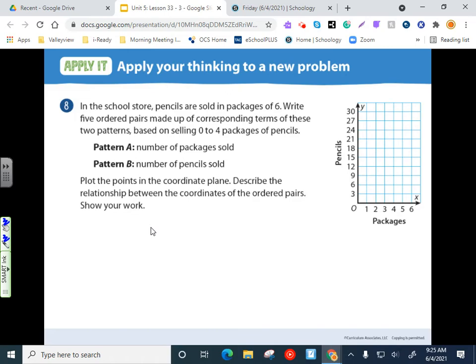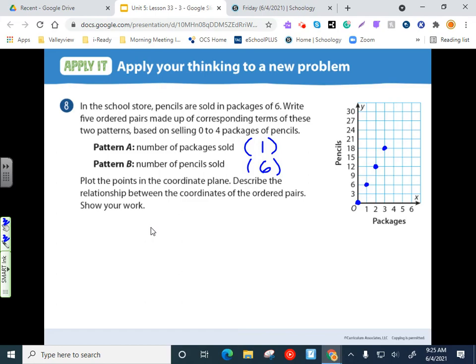So for pattern A, it's the number of packages sold. We're just going to say for 1. For every 1 package, there's 6 pencils in each. So those are important numbers for us. Because basically it means this. If you have 0 packages, you have 0 pencils. If you have 1 package, you have 6. If you have 2 packages, you have 12. If you have 3, you have 18.